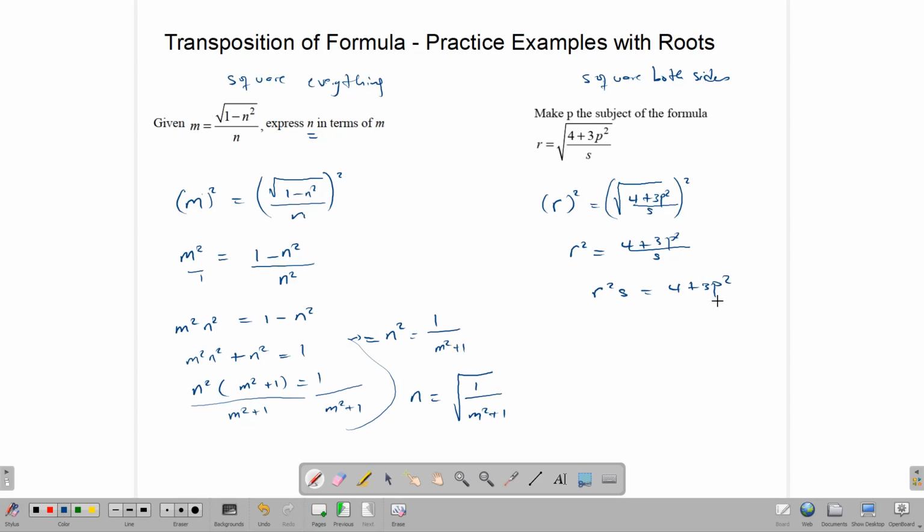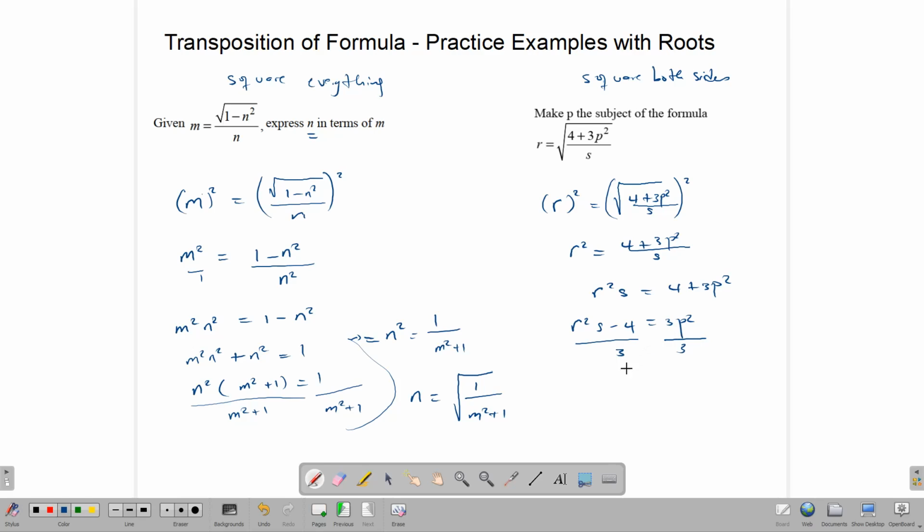We want our p to be the subject. So we need to remove this 4 by subtracting 4 from both sides. That gives us r squared s minus 4 is equal to 3p squared. And since we have a 3p squared and we want p squared to be by itself, we need to divide by 3. So let us divide by 3.